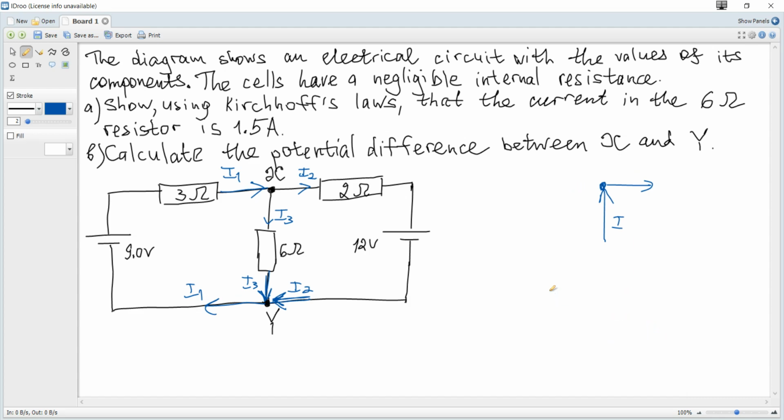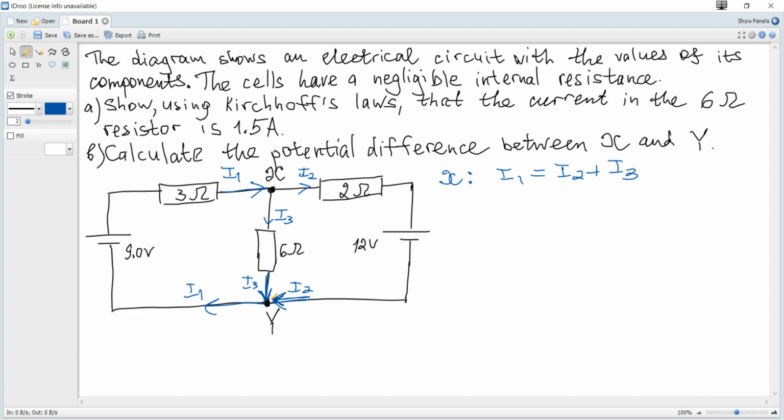The first Kirchhoff's law says that if we consider any node, the total current in is equal to the total current out. For the node X, the total current in, it's only I1, is equal to the total current out, I2 plus I3.